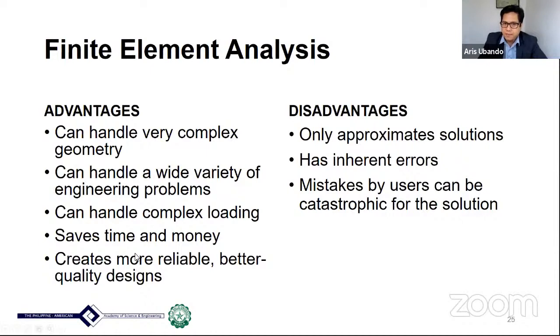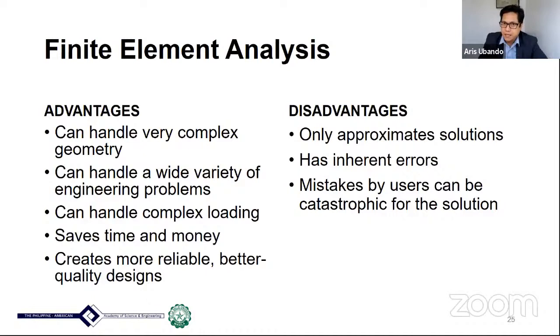However, there are some disadvantages. Because it's an approximation approach, it only approximates the solution and won't be able to get the absolute solution. Thus, it would lead to some errors. But of course, we have to manage the errors in the simulation.